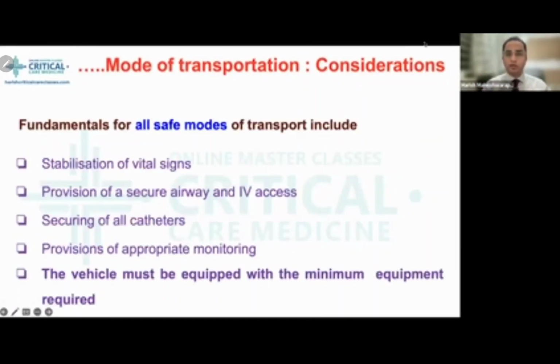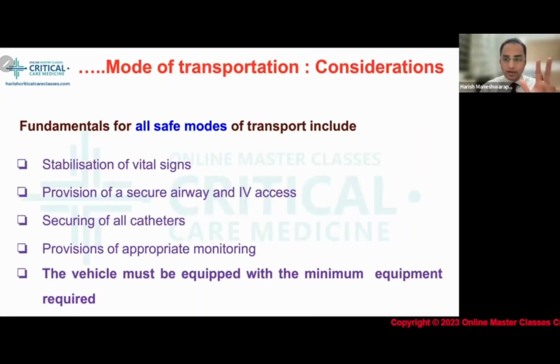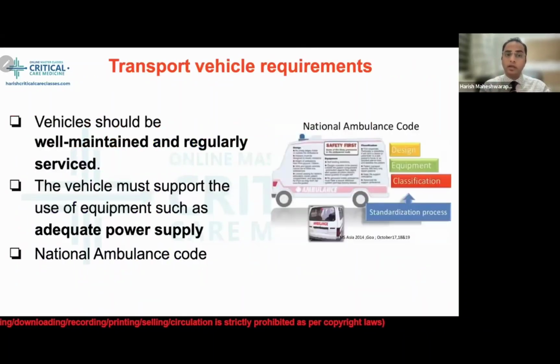Additional fundamentals for all safe modes of transport include stabilization of the vital signs, provision of a secure airway and IV access, securing all the catheters, drains, pipes, and provision of appropriate monitoring. The vehicle must be equipped with the minimum equipment required. Unnecessary equipment is not needed, but the necessary equipment should not be missed in that particular vehicle.